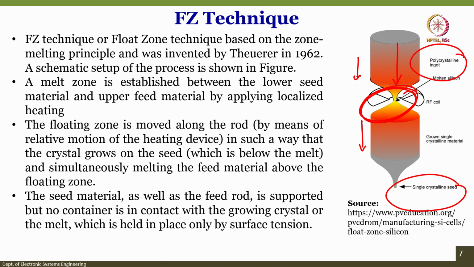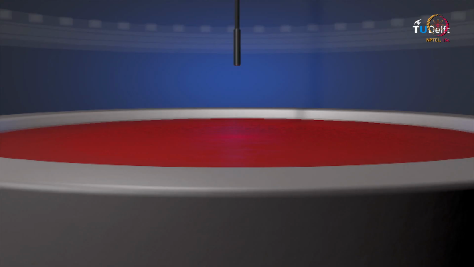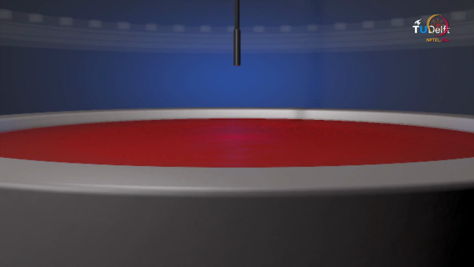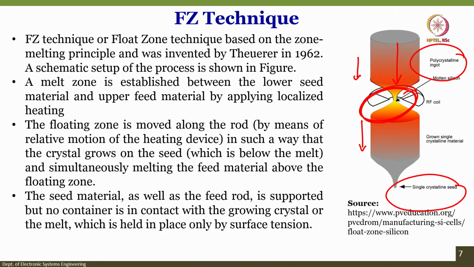It is very important to understand that nothing is supporting in this case. If you see our CZ technique, there was a whole support here, but in the FZ technique there is no support in that sense. The seed material as well as the feed rod material is supported only by surface tension.